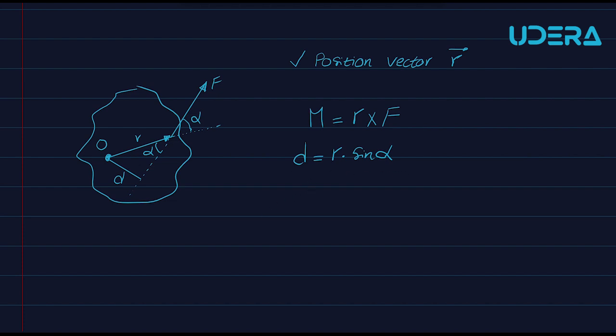So I can substitute this expression in the initial formula that I wrote before and write F times d is equal to F times r times the sine of alpha.